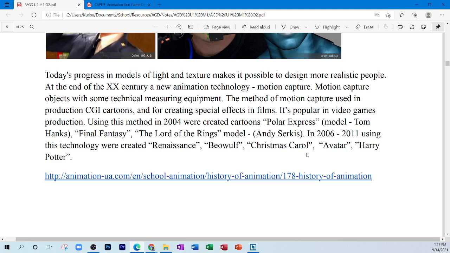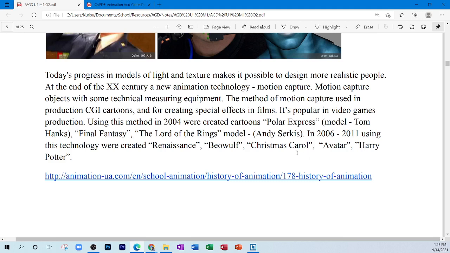It's popular in video games production. Using this method in 2004 were created the cartoons Polar Express, model Tom Hanks, Final Fantasy, Lord of the Rings, model Andy Serkis. In 2006 and 2011, using this technology were created Renaissance, Beowulf, Christmas Carol, Avatar, Harry Potter.